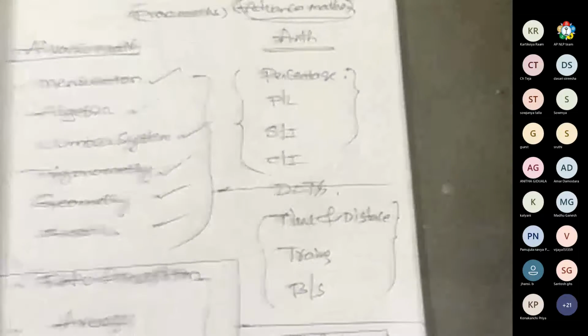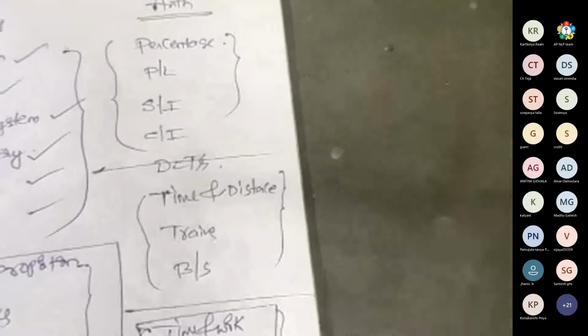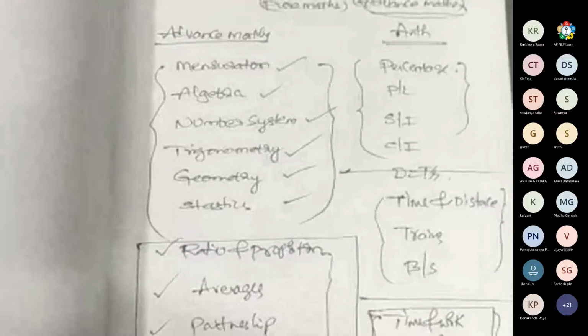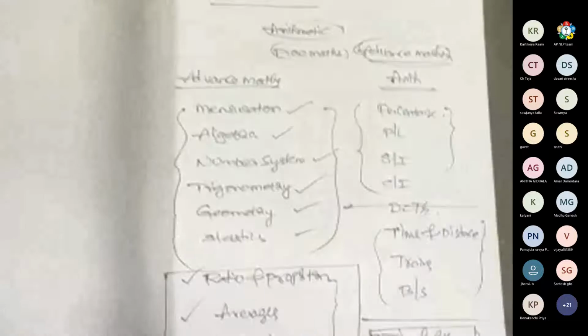Next, they are concentrating on arithmetic also: time and distance, time and work, ratio proportion, averages, partnership, ages. You should concentrate on all these areas. The majority of the questions are coming from advanced maths.